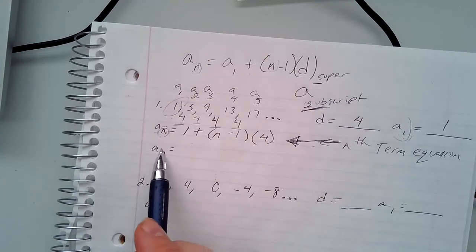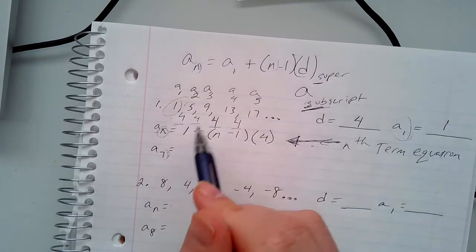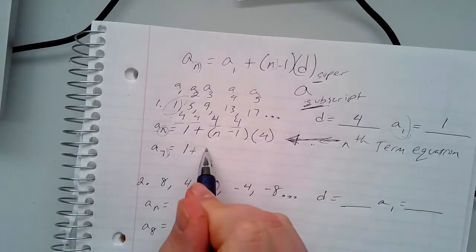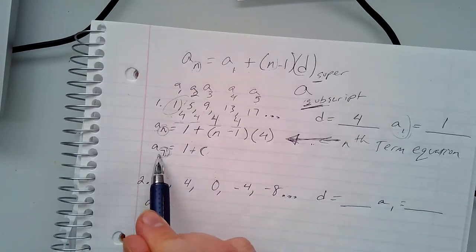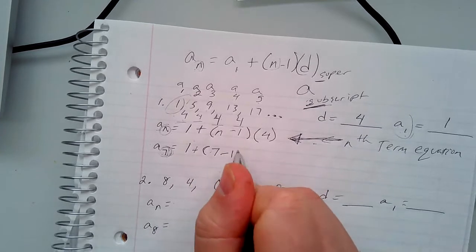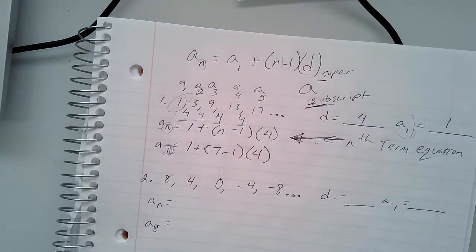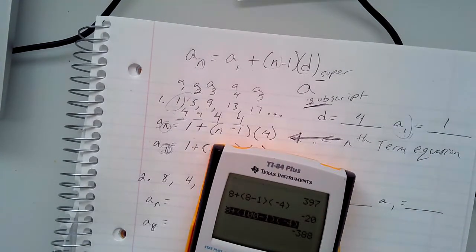Now, if I want to find the 7th term, or a sub 7, I would look for the first term, which is 1, plus, and instead of putting an n here, I would put in a 7 because I'm looking for this 7th term. So I'd put in a 7 there, minus 1 times the common difference, and now I can do that math.